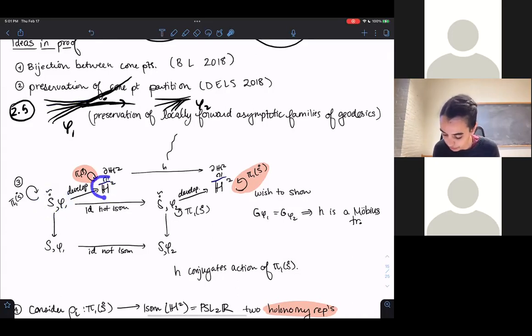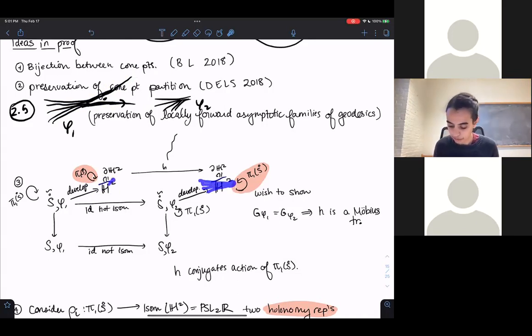So if I had some family like this, that's locally forward asymptotic, maybe it got disrupted by a cone point, so these go off this way and these go off this way. But when I develop, they all get sent to a forward asymptotic family here in H2. And then the corresponding ones will get sent to a forward asymptotic family here.